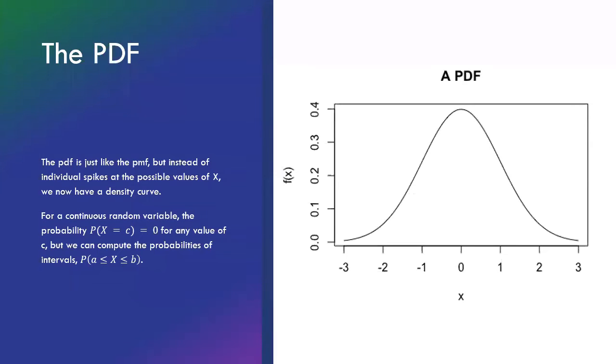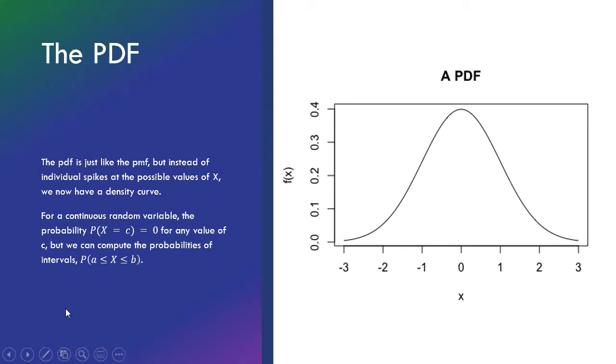Okay, so again, corresponding to the PMF, which is for the discrete random variables, we have this PMF for those probabilities, but now we're talking about the PDF, which is for the continuous random variable.